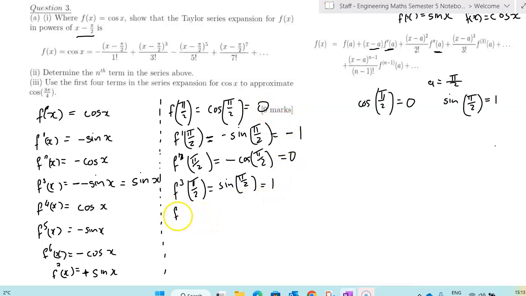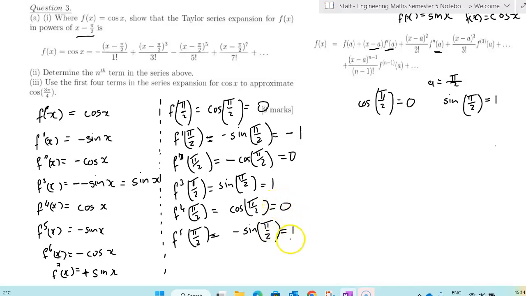Now the fourth derivative is cosine pi over 2, which is 0. Now you might see a pattern now, f to the 5 of pi over 2. The fifth derivative is minus sine, which is going to be minus sine pi over 2, which is minus 1.